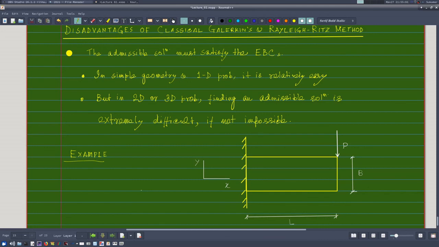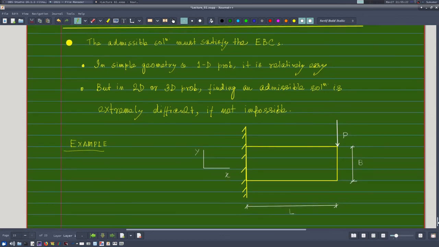If it is a simple geometry and one-dimensional problem, then it is relatively easy to find the admissible solution. But finding an admissible solution for a 2D or 3D problem is extremely difficult, if not impossible. In most cases, it is almost impossible to find a good admissible solution.